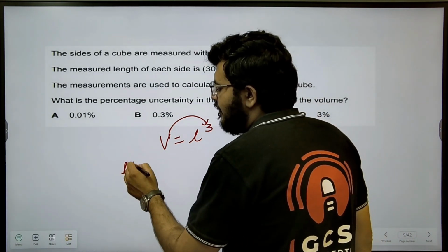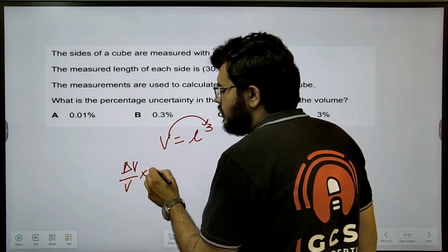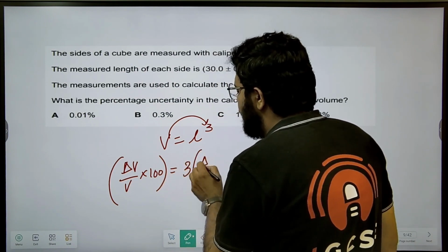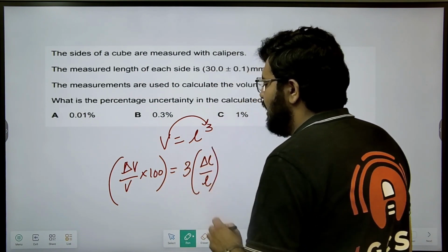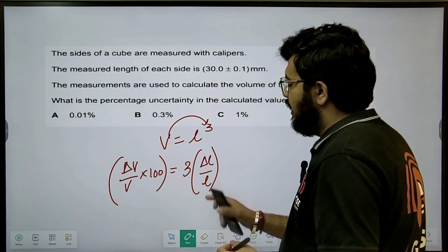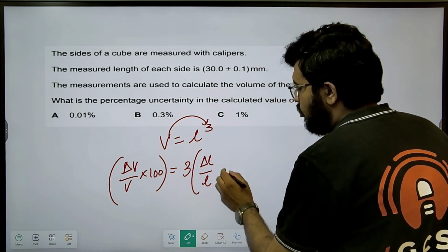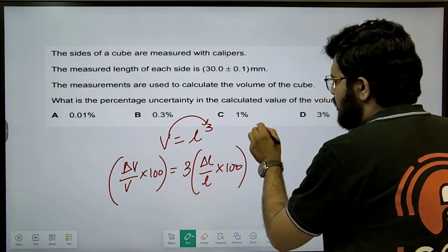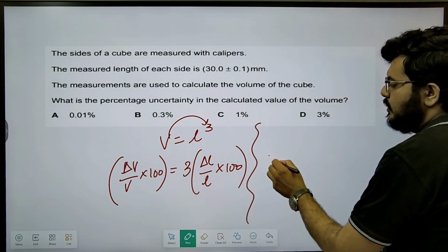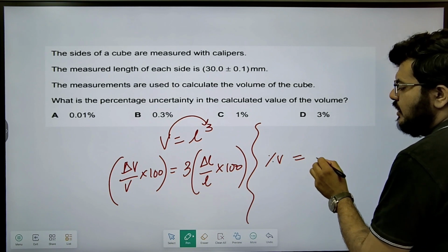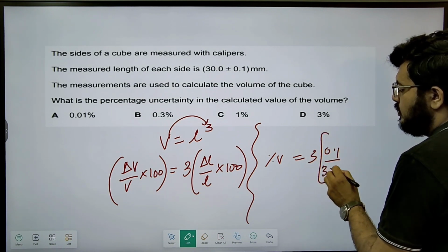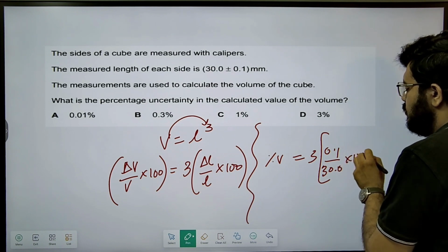I'll write delta V by V into 100, which is the percentage uncertainty in volume, is equal to 3 times delta L by L into 100, where delta L is the uncertainty and L is the original value. So percentage uncertainty in V is equal to 3 times 0.1 upon 30.0 into 100.